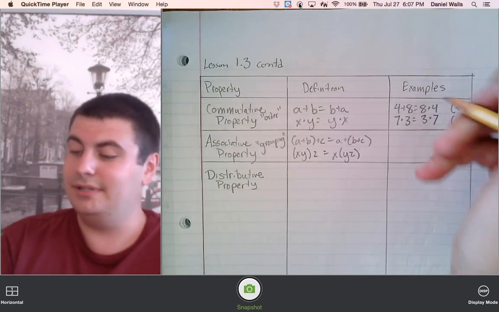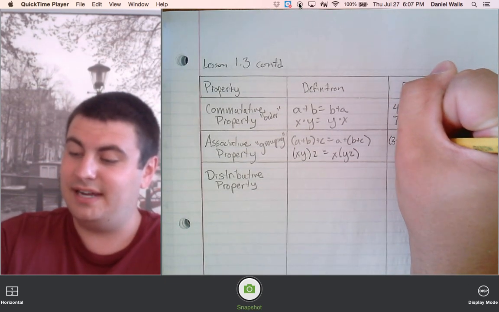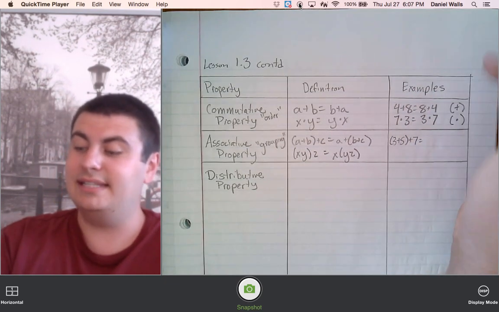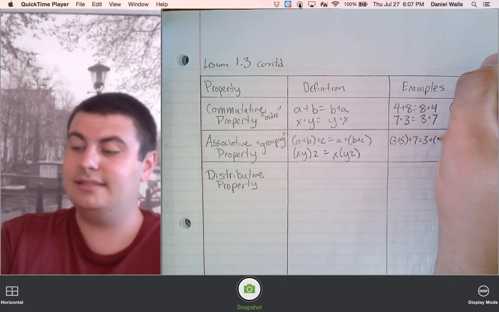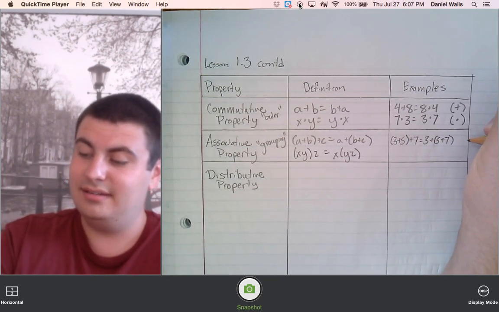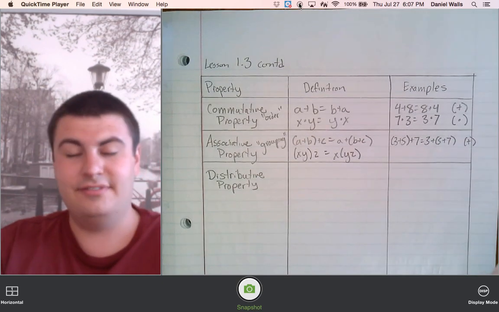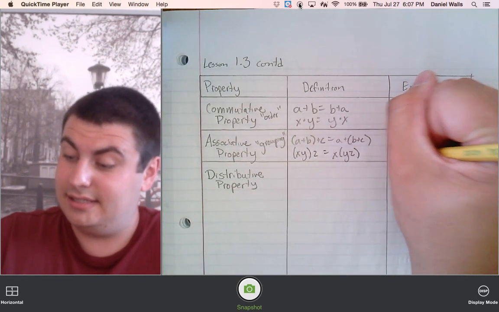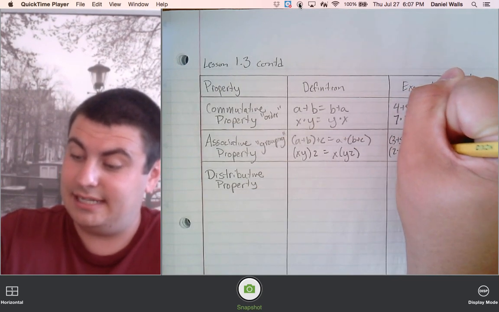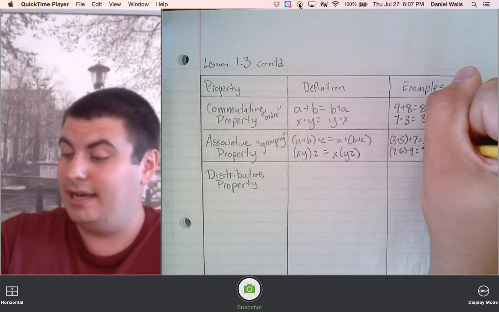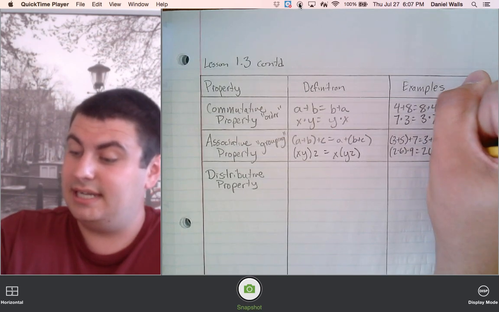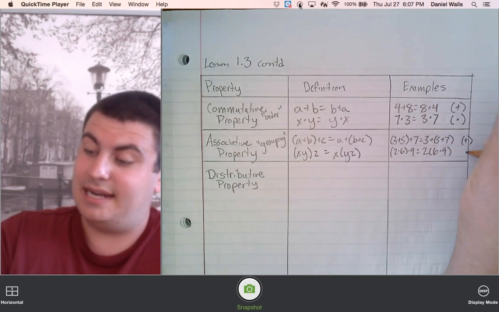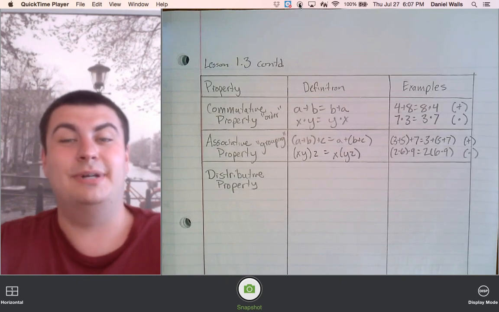For example, (3 plus 5) plus 7 is equal to 3 plus (5 plus 7). That's your additive associative property. Or we could look at (2 times 6) times 9, and that's the same as 2 times (6 times 9), and that's your associative property of multiplication.